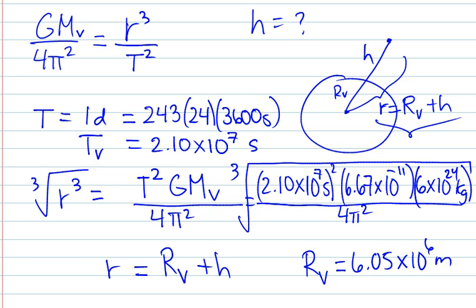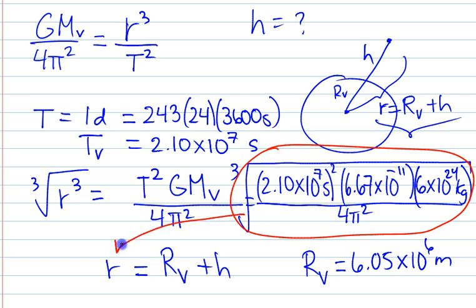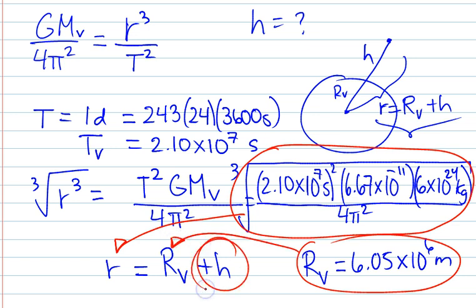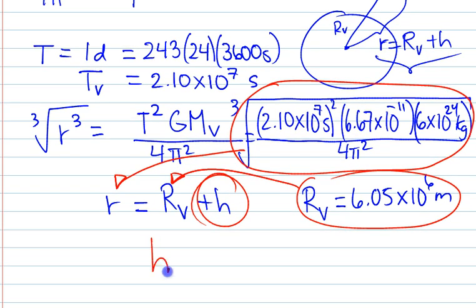I'm not going to do all the math right now, but if you take this and plug it in for r, and you take this and plug it in for the radius of Venus, you will be able to get that height. And that height turns out to be about 1.5 times 10 to the 9th meters.